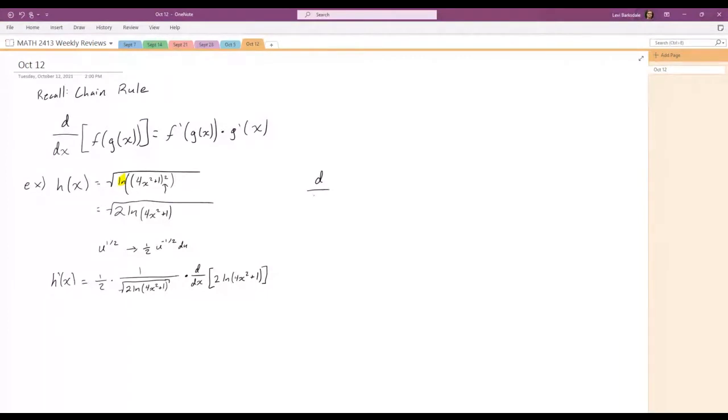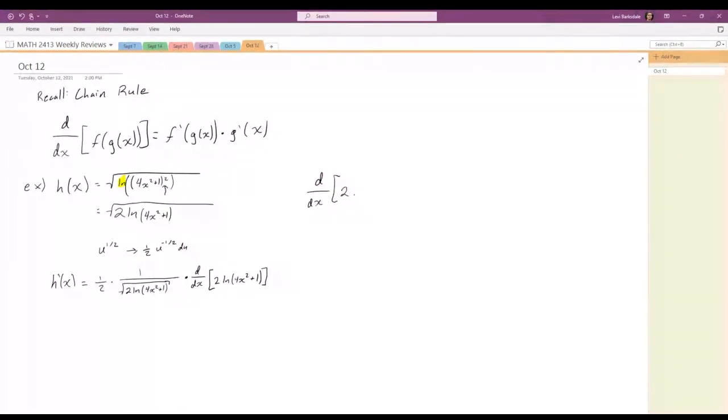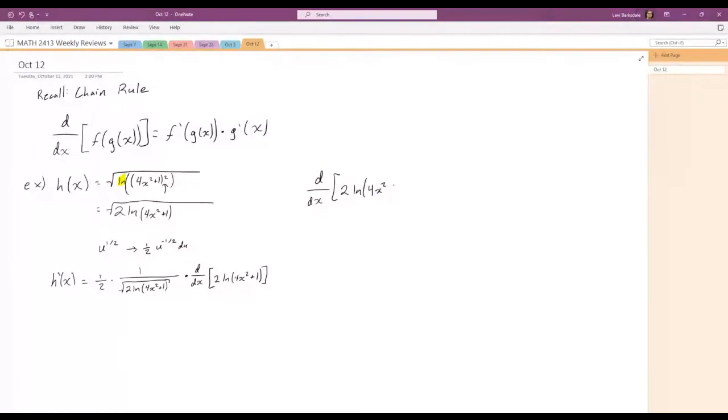Well, now, solving the derivative of 2 natural log of 4x squared plus 1, my 2 is a constant. I'm just going to pull that out front. My outermost function now is natural log. We haven't actually touched the derivatives of natural log in this review session yet, which is why I'm doing this in the example, but you should have learned it in class. So this will just be a preview for later on in this review. The derivative of natural log is going to be 1 divided by the inside multiplied by the derivative of the inside.